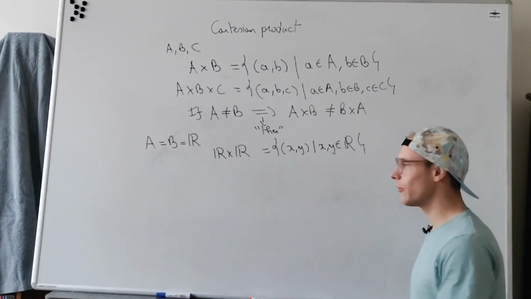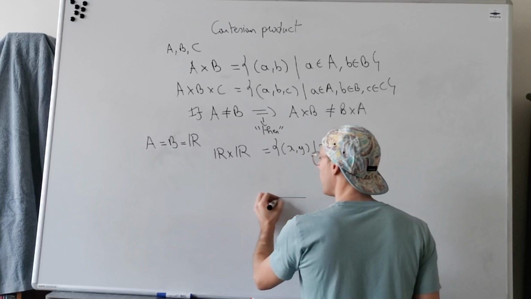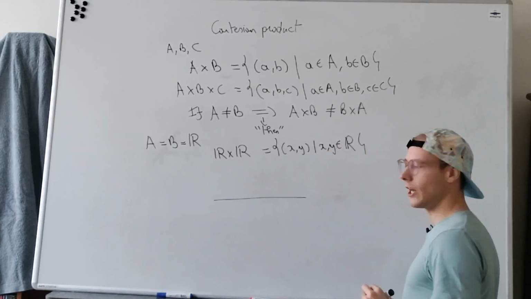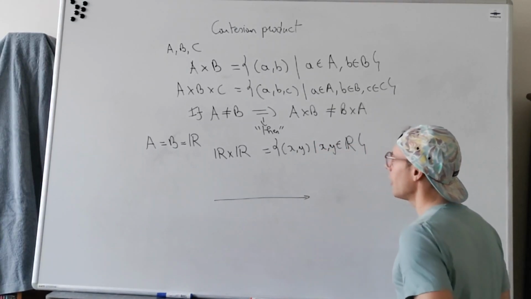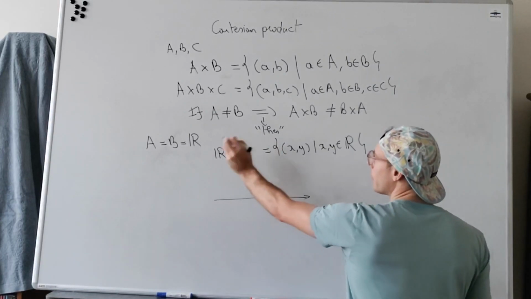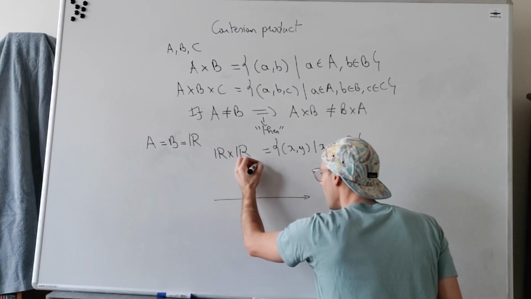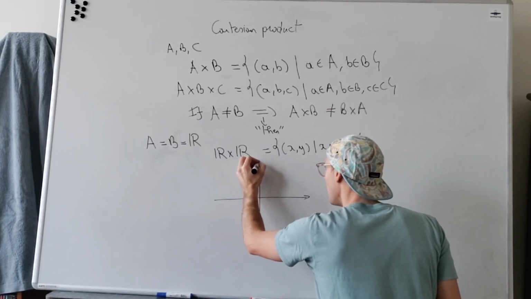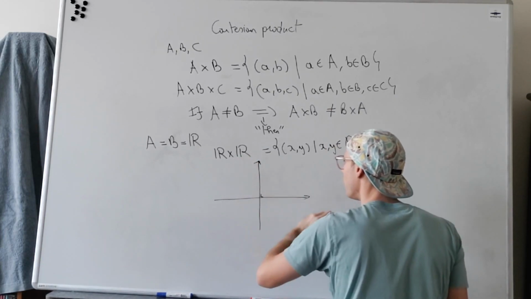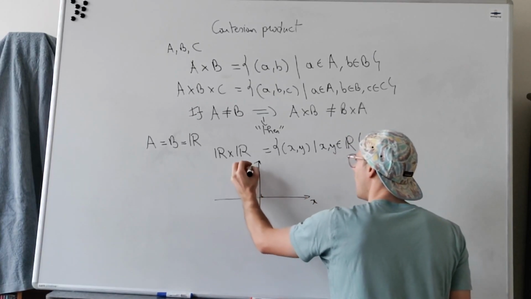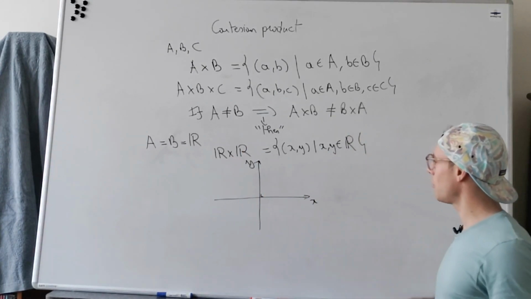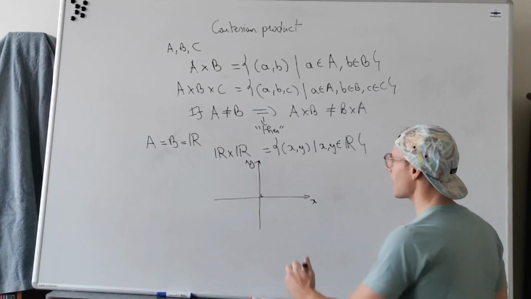Because you know that the real numbers we can represent as a straight line, but we have two copies. To give a geometric picture, we can draw a second line here, orthogonal to the first one, and we say this is the x-axis and this is the y-axis.